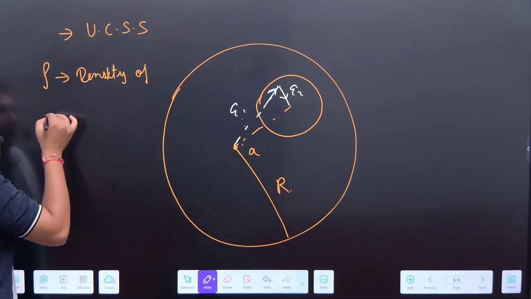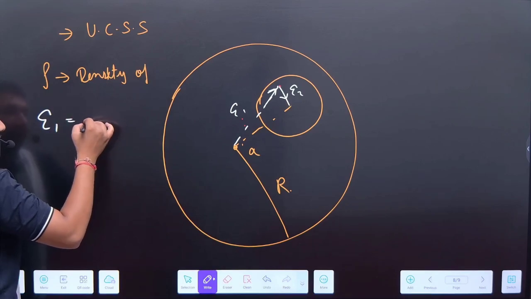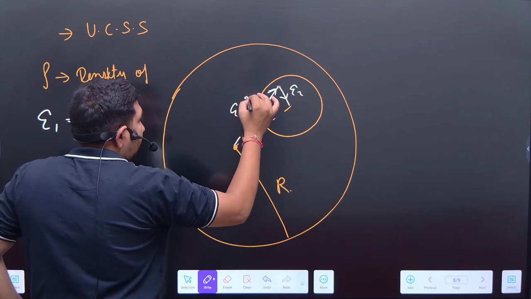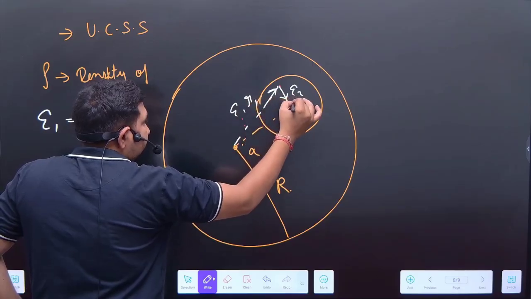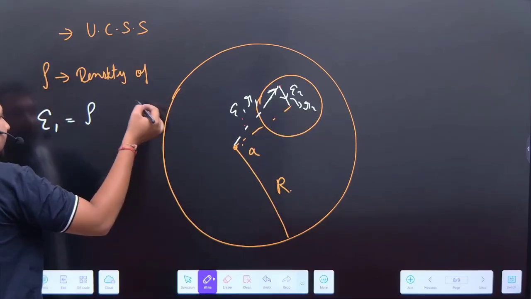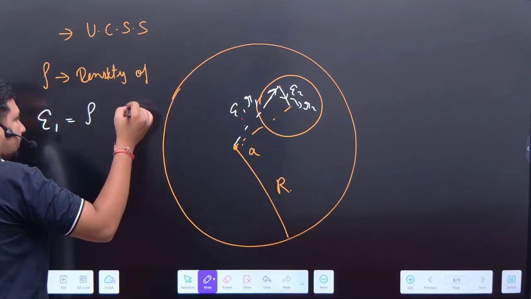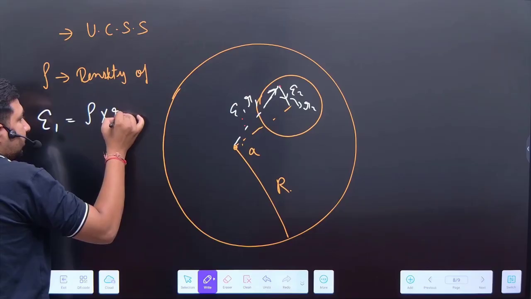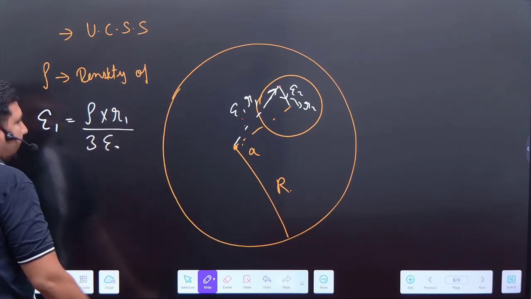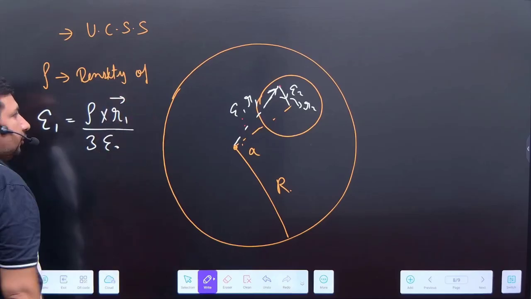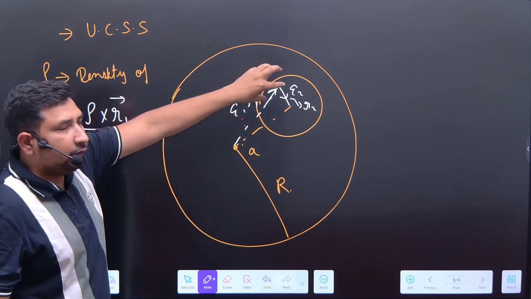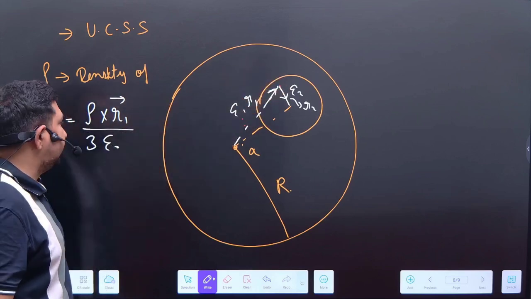Let the distance from here be R1 and let this distance be R2. So the electrical field by this completely charged bigger sphere should be rho times R1 divided by 3 epsilon naught, and its direction would be along the line joining the point where we want to find the electrical field and the center.